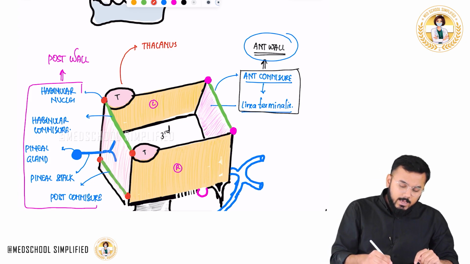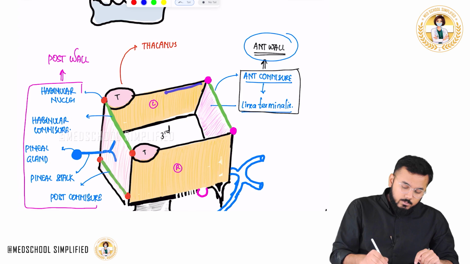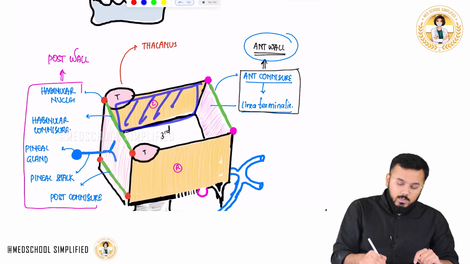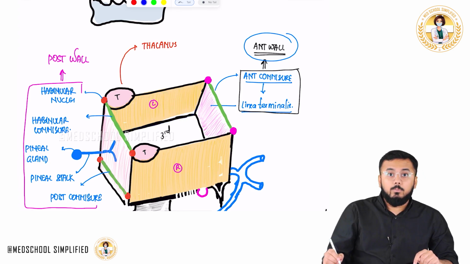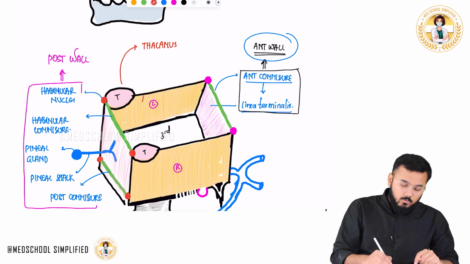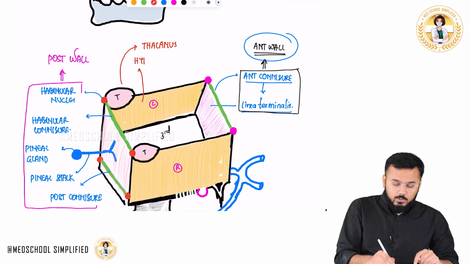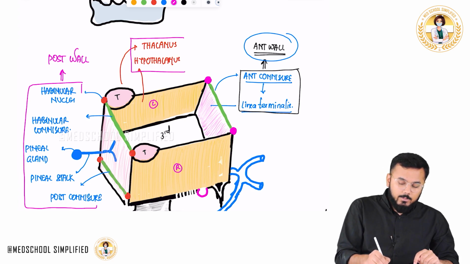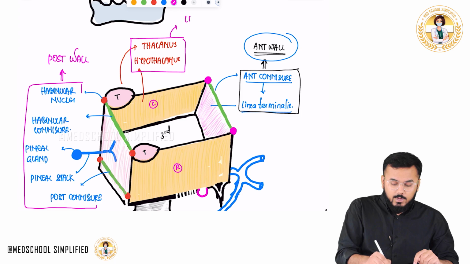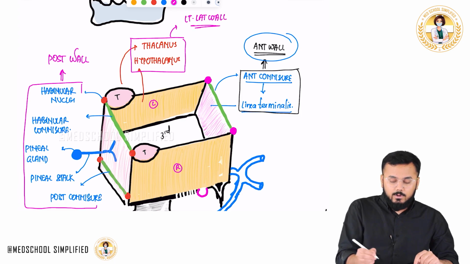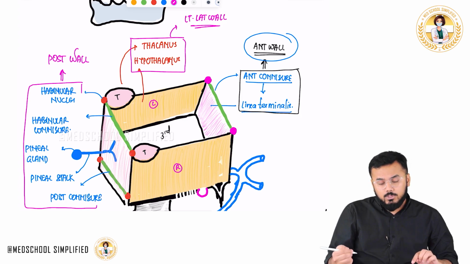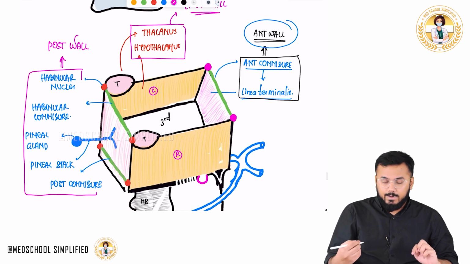So this particular wall which you can see is nothing but the hypothalamus. Thalamus and hypothalamus form the left lateral wall. And the thalamus and hypothalamus on the right side form the right lateral wall.